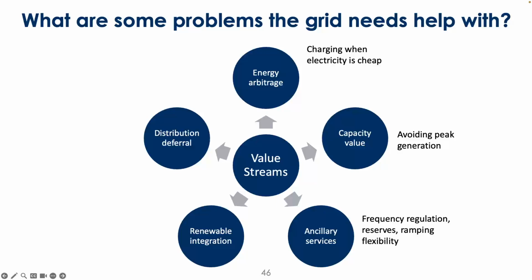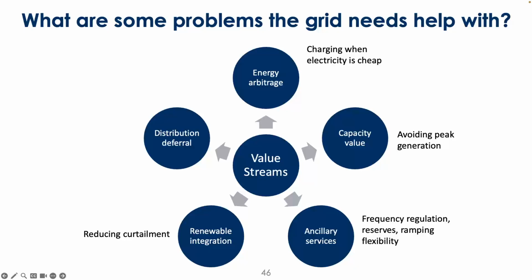So there is value in certain assets on the grid in being able to respond quickly. Think about the sun going down and a bunch of solar power coming off the grid. You need power plants to ramp up very quickly to provide electricity, and so there's actually more value for those power plants. That's one of the value streams here.